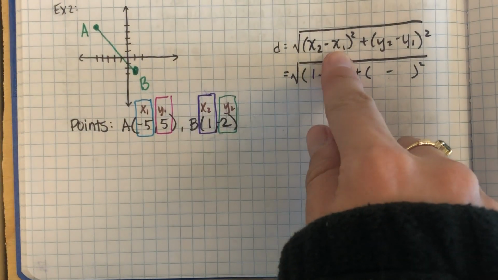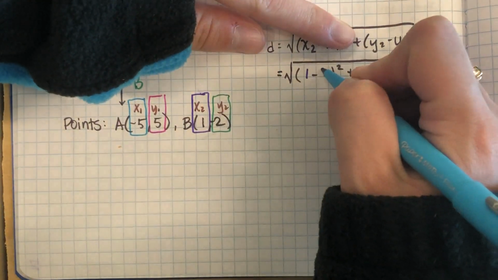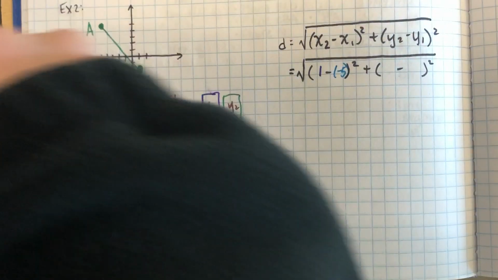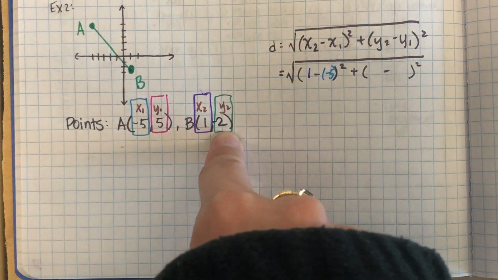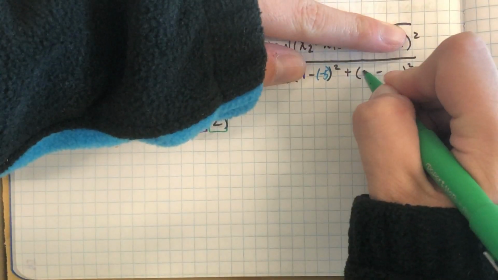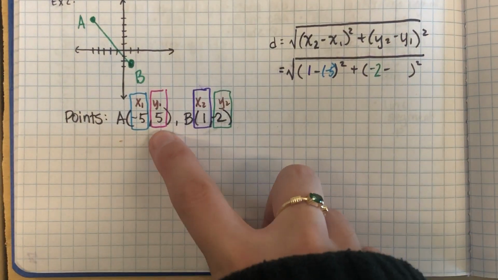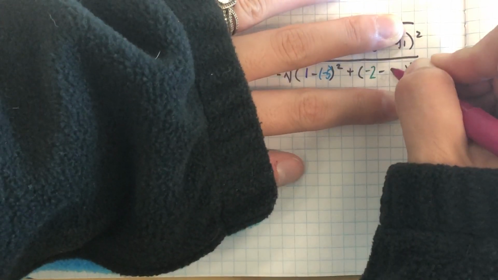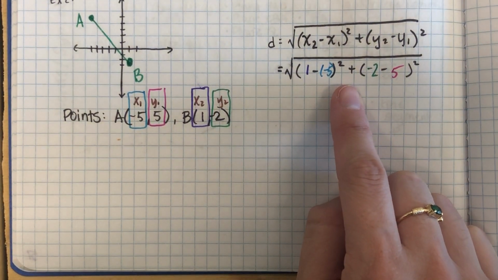Then we have our x sub 1, which is a -5. Then we have y sub 2, which is a -2. And we have y sub 1, which is 5. Okay, so now we've done our first step. We substituted.